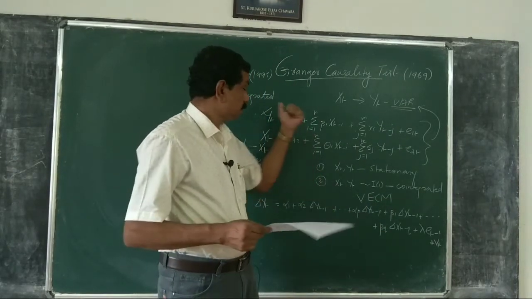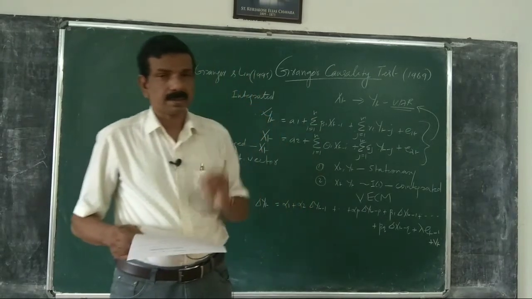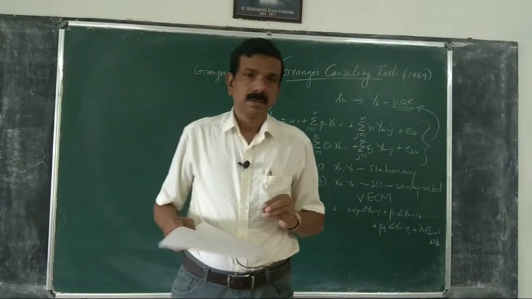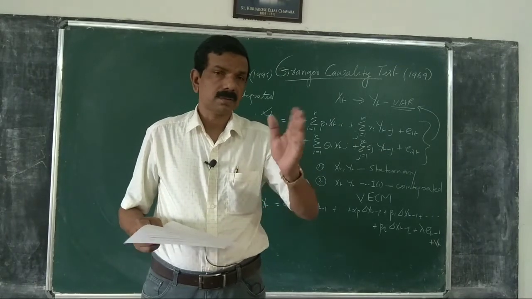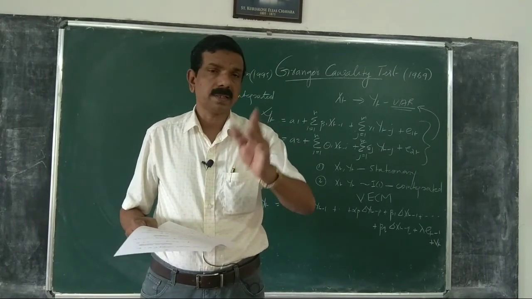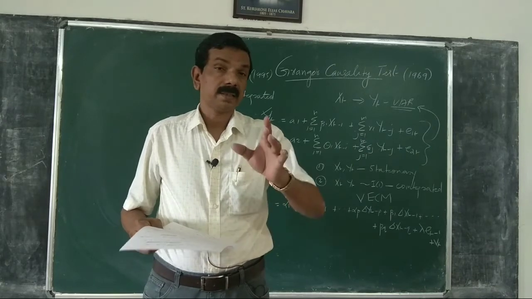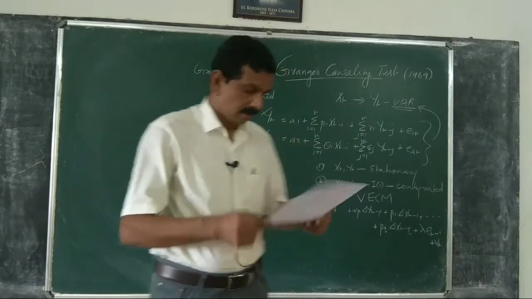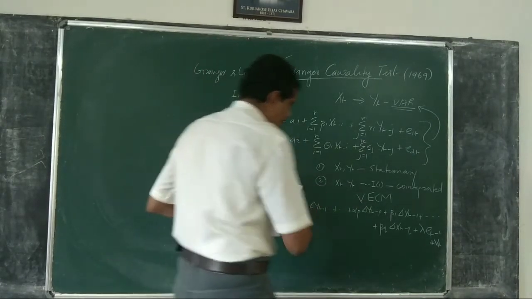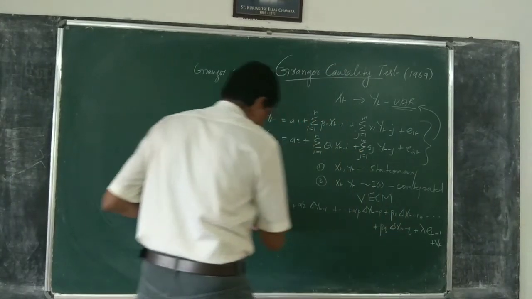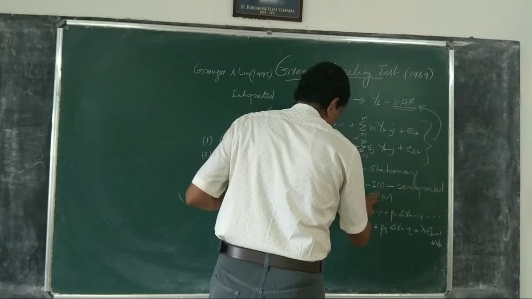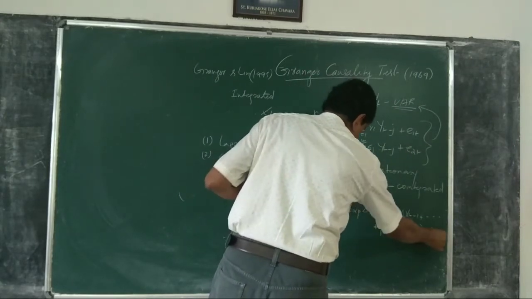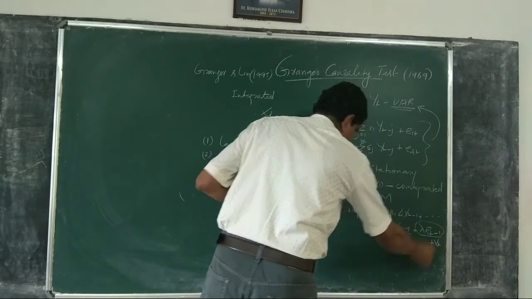So if two variables are integrated, non-stationary, then the Granger causality test is not valid, because two integrated variables cannot cause each other unless they are co-integrated. So if two variables are co-integrated, we reparameterize the VAR into VECM like this, and this is the co-integrating term.